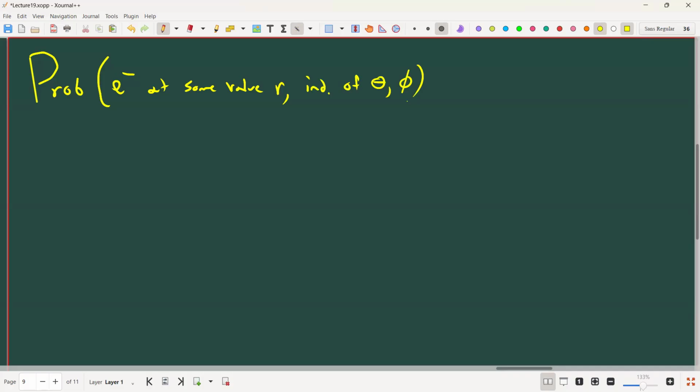Remember that the theta and phi dependence is separate from r. We separated them; that's how we solved this whole problem. So we can always get rid of the theta and phi dependence and just think about the probability for r.